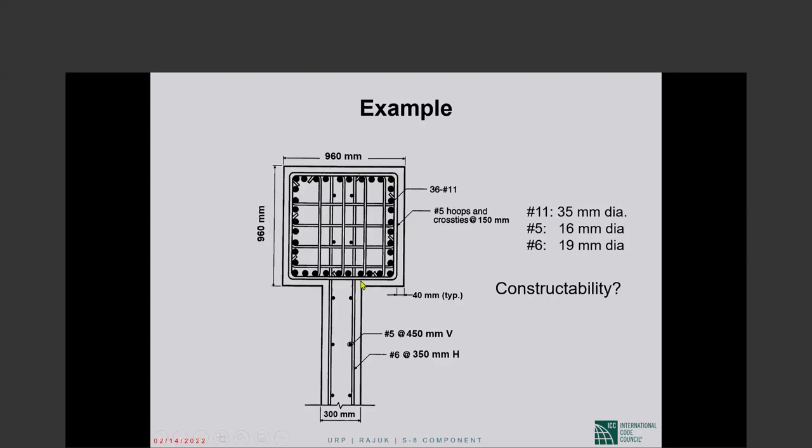The 36 number 11 bars have to be tied and cross-tied like column bars. So we have one tie all around and 4 cross ties in each orthogonal direction.